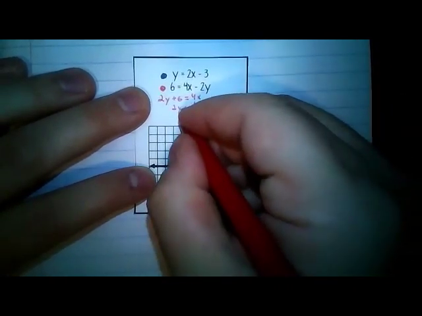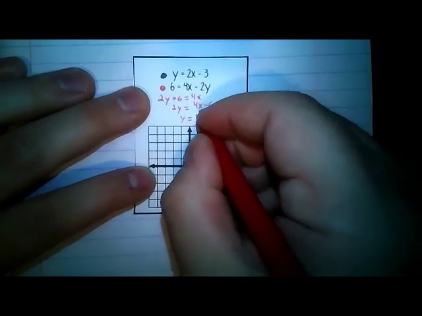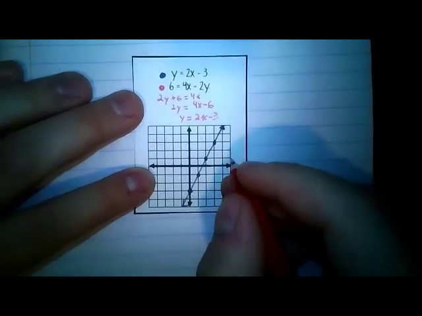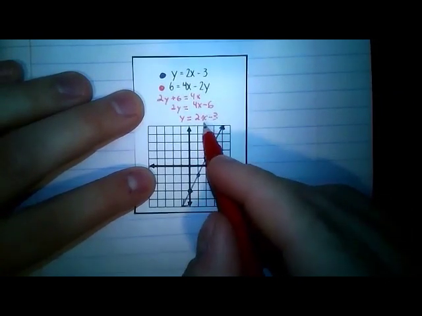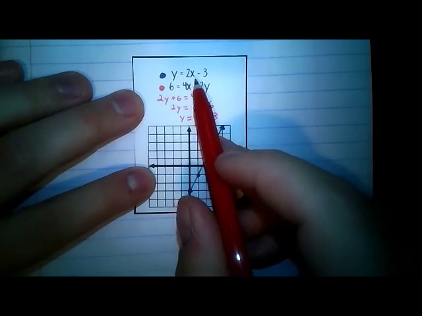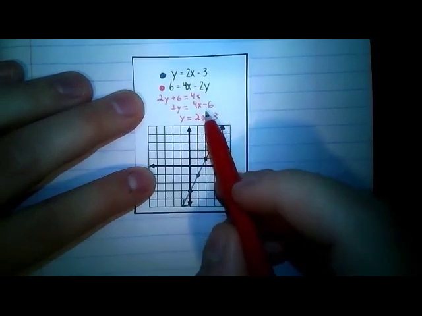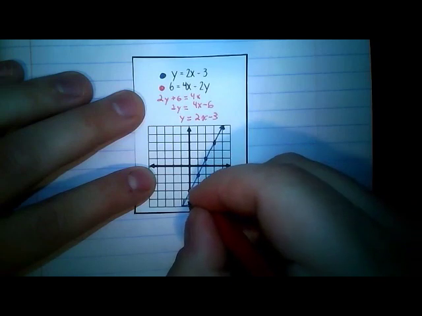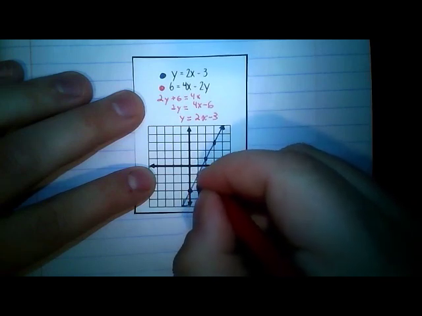Divide everything by 2. And what did we just notice? Right? 2x minus 3, 2x minus 3. They're the same equation. And when I graph this one, I would start at negative 3, up 2 over 1, up 2 over 1.